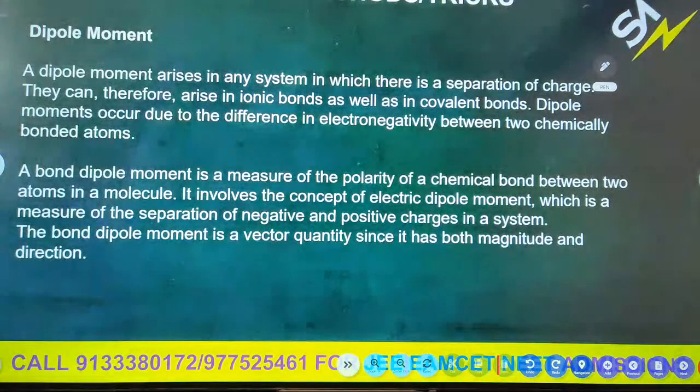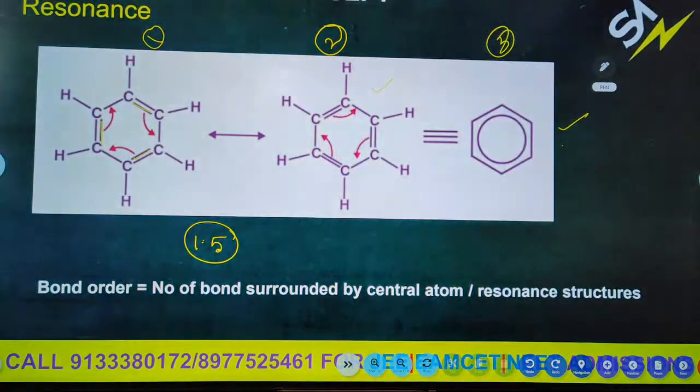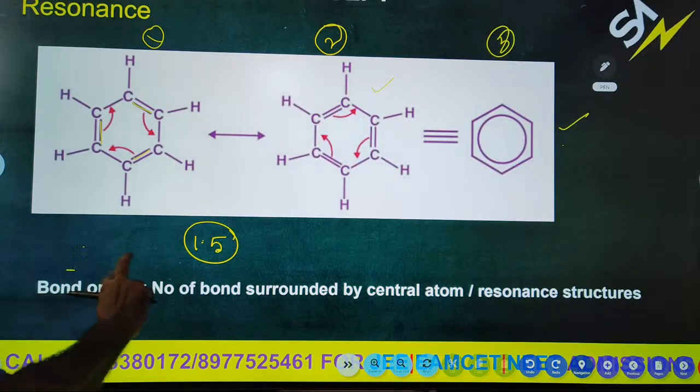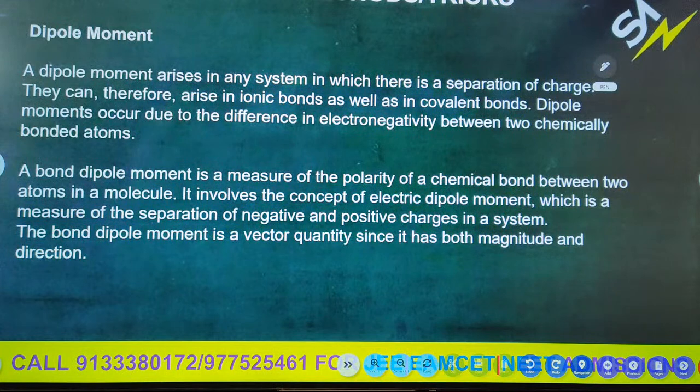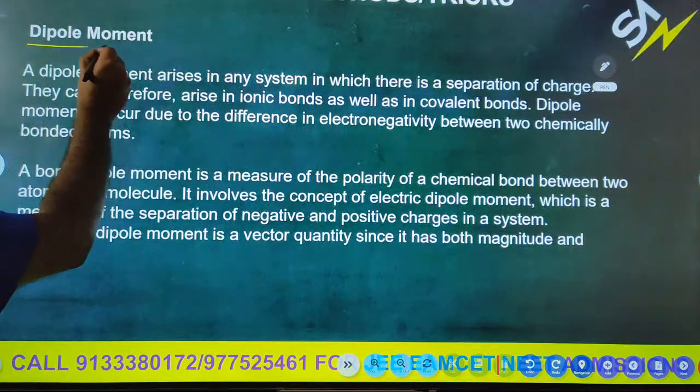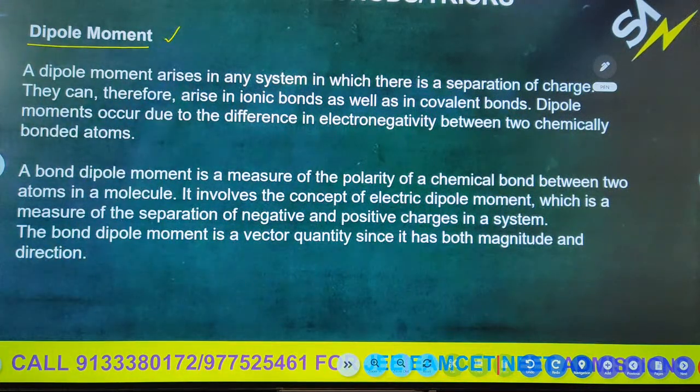Clear? So here we completed the first bond parameter, resonance. After resonance, the second and last of our bond parameters is dipole moment.